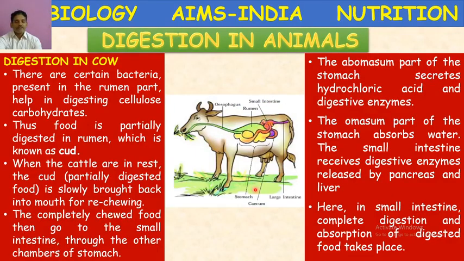The products of digestion in ruminants are also different compared to other animals. Why? Because cellulose is a complex substance, so it produces butyric acid. Fatty acids are produced by the action of these enzymes.